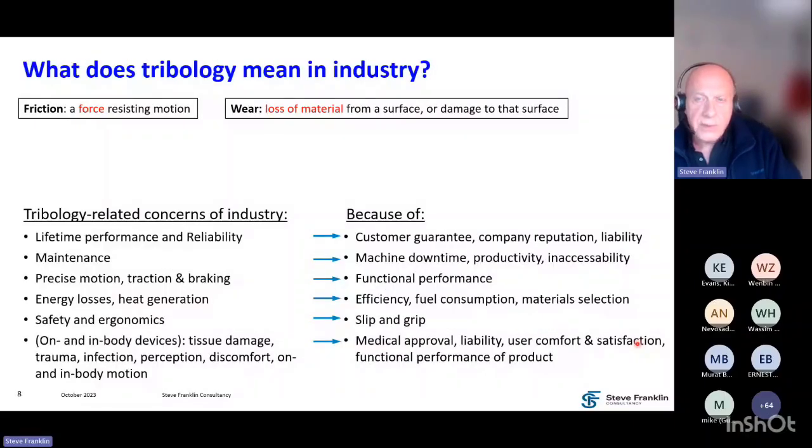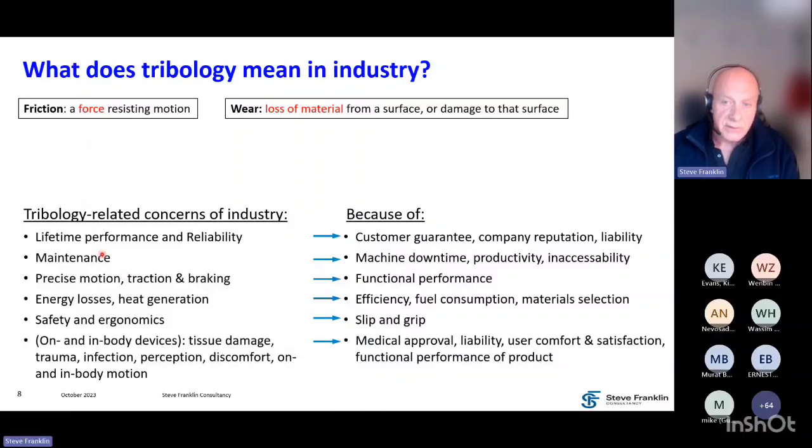So what does tribology mean in industry? Tribologists talk about friction, the force resisting motion, and wear, loss of material from the surface. But in industry, the word tribology is relatively unknown, and people talk more about things like lifetime, performance and reliability, because that's important for the guarantee that companies have to give to their customers for their product, or it's important for the reputation of the company, or sometimes liability.